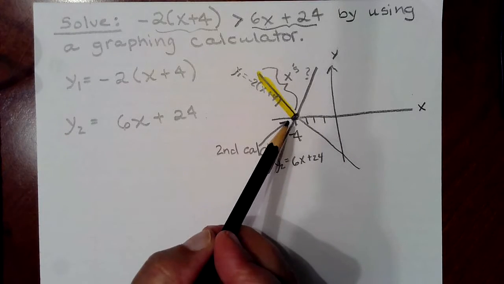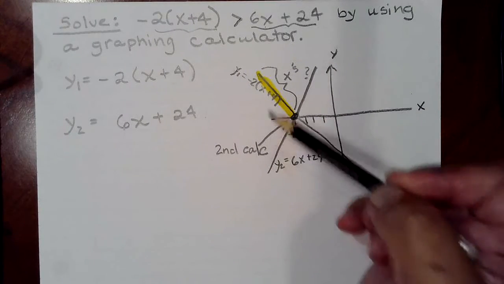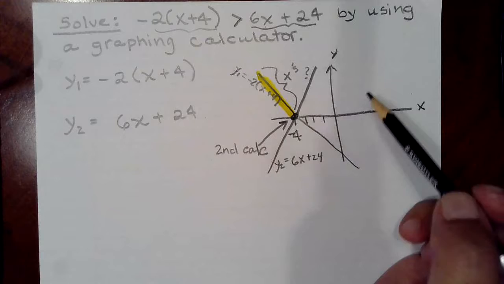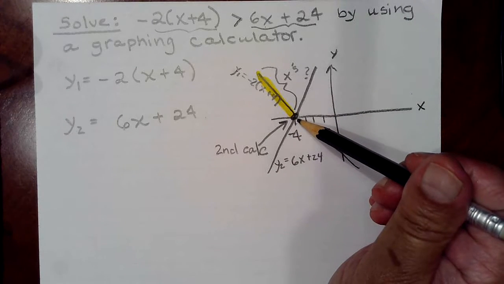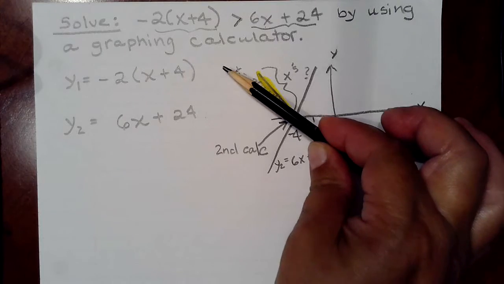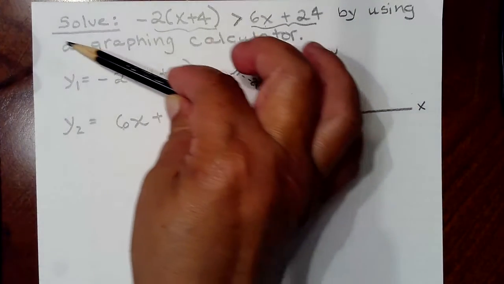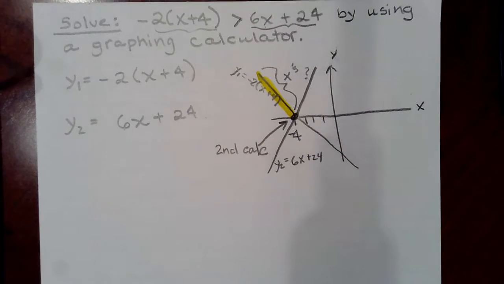So all these x values on the portion that's above the other line, in other words, greater than the other line, start at -4. And this is what we call going off to -infinity, because eventually that line gets further and further out in the negative direction.